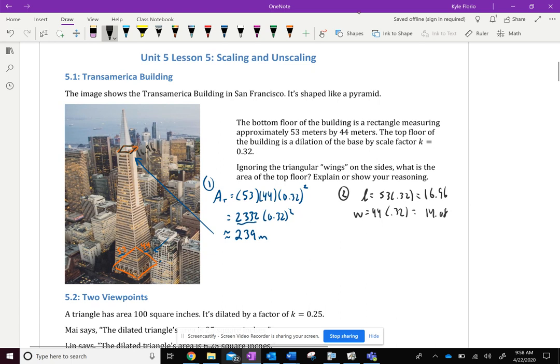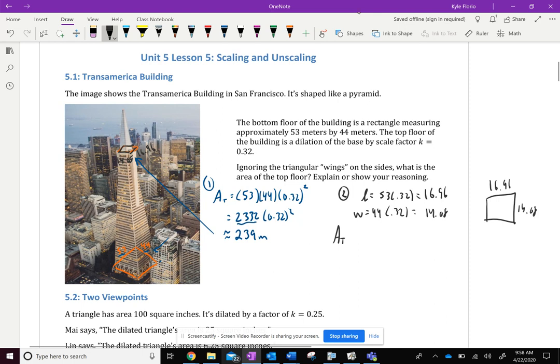If I multiply those, I can find the area of the top, because we just have a rectangle now. It's 16.96 by 14.08.